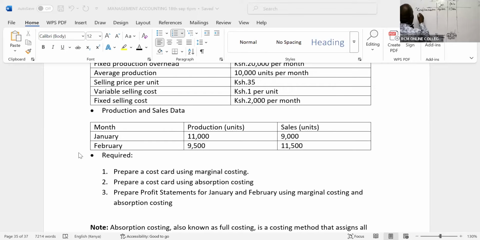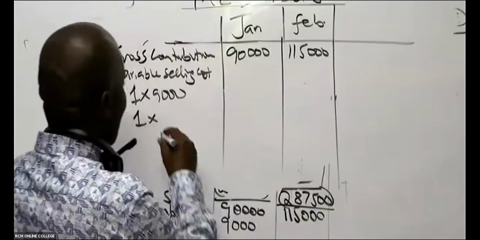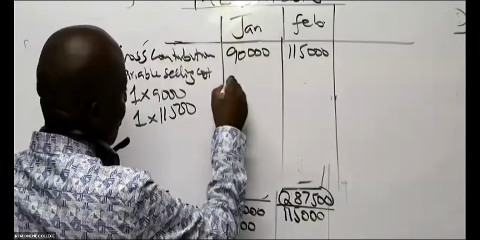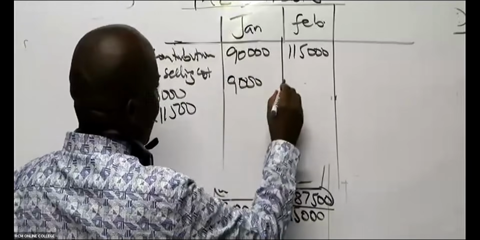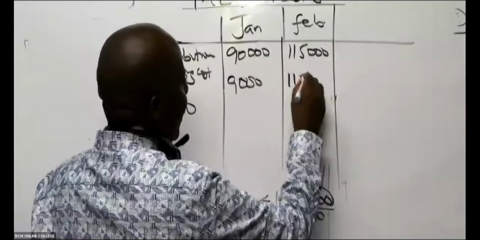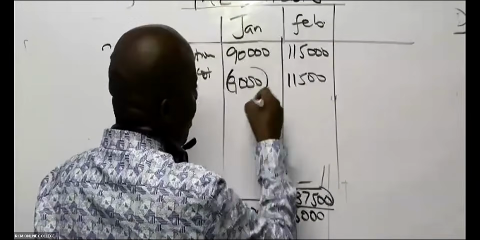And then we come under less the variable selling costs. January, it will be 1 times 9,000. February, it will be 1 times how many units do we sell in February? 11,500. Yeah, so we sold 11,500. Please subtract. That is the only one.